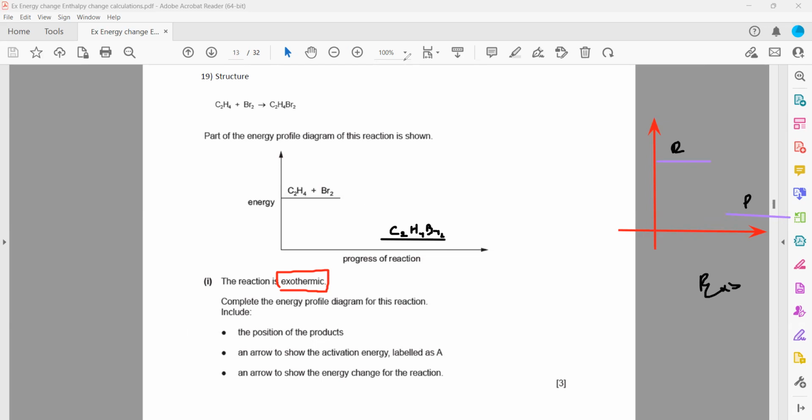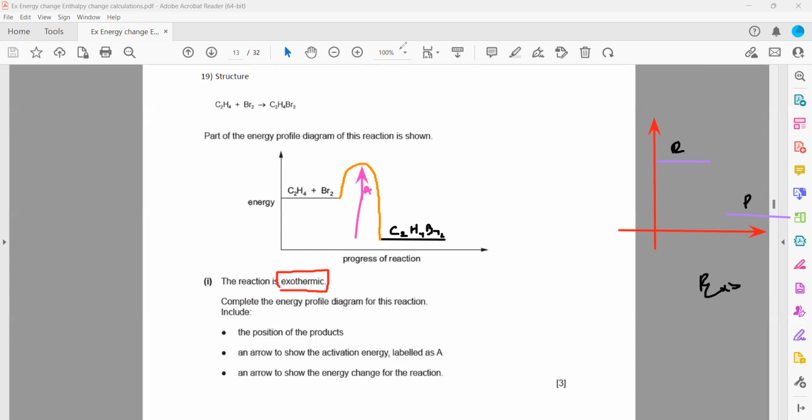Activation energy is the minimum possible energy at which the reaction starts. So the activation energy arrow should always point upward, whether it's an endothermic or exothermic reaction, and label that as A. And then an arrow to show the energy change for this reaction.